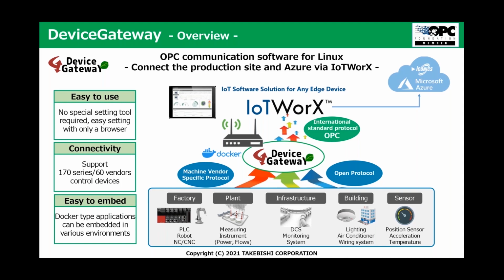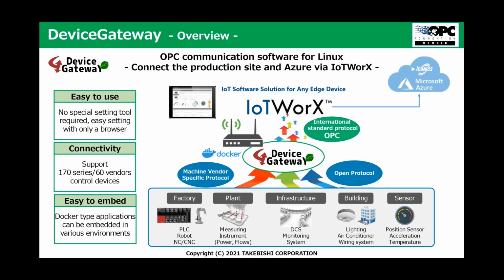This product gives you the ability to read out PLC data or sensor data or robot data from a location, and via IoT Works it can be transported to the Microsoft Azure environment. So it makes a connection between the production site and Azure via IoT Works.